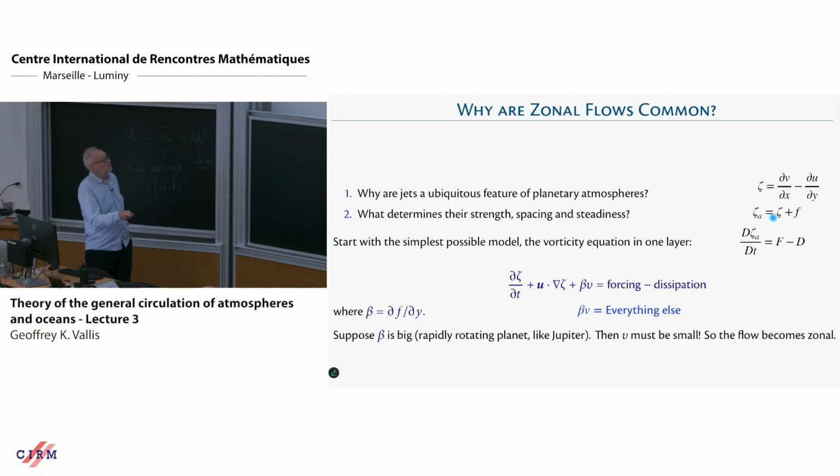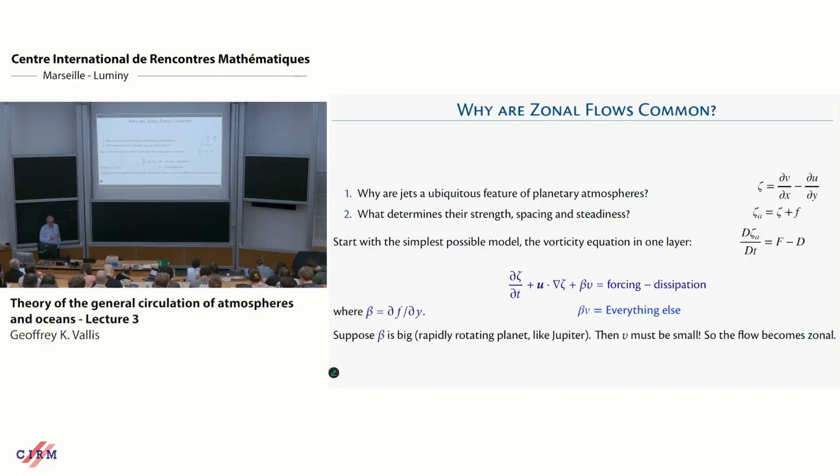Zeta a is the relative vorticity plus the vorticity due to the planet's rotation, which is just f, the Coriolis parameter, 2 omega times the sine of latitude, because it varies with latitude, and the vorticity itself in 2 dimensions is just dv/dx minus du/dy. V is the north-south velocity, u is the east-west velocity.